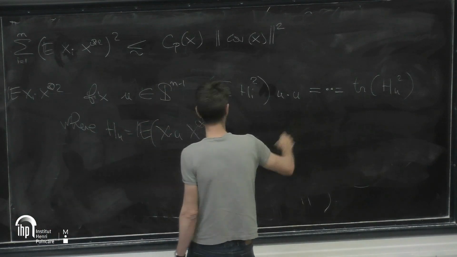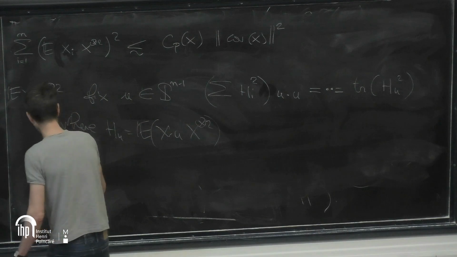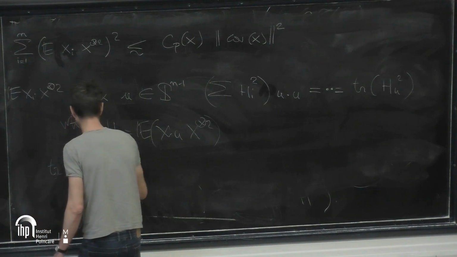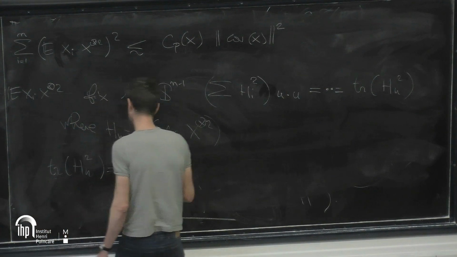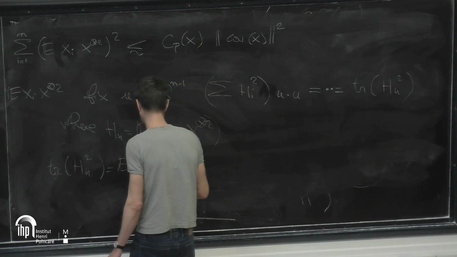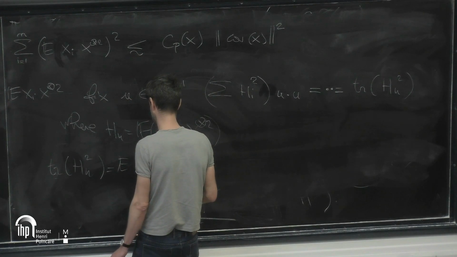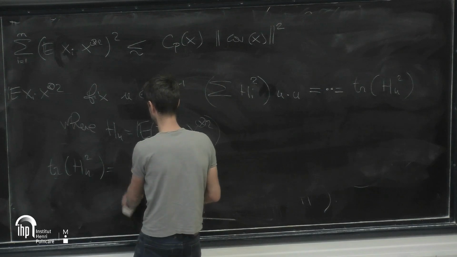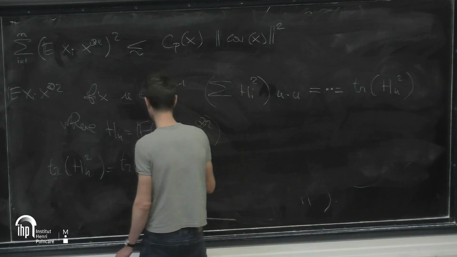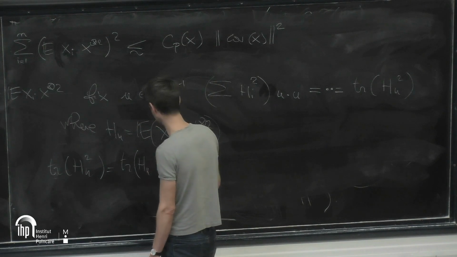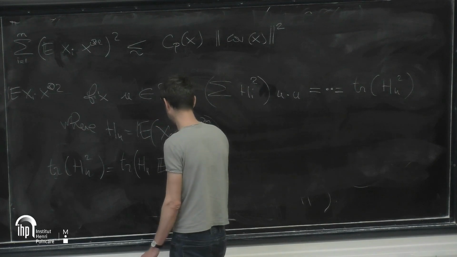Okay, so I want to upper bound trace h_u squared. So this is the expectation, trace h_u, and one of the h_u's I replace by its definition.